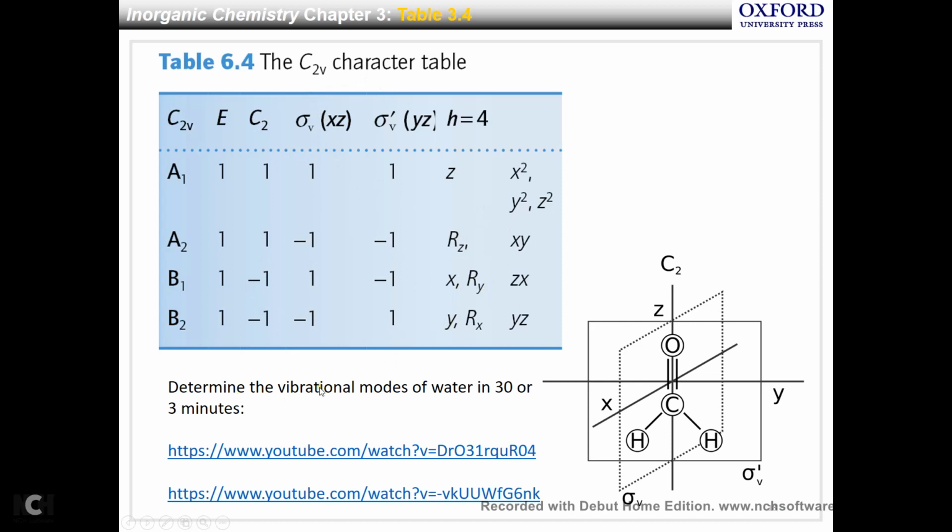Now I want you to watch 2 more videos just to use the character table for water. Water belongs to the C2V point group. I have a really long video analyzing the translational, rotational, and vibrational modes of water in about 26 minutes over here.